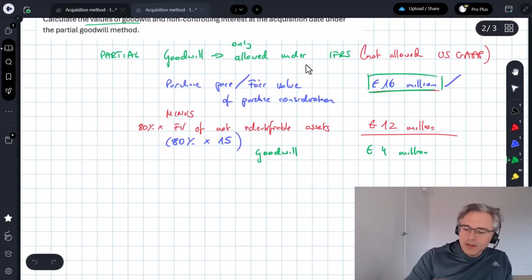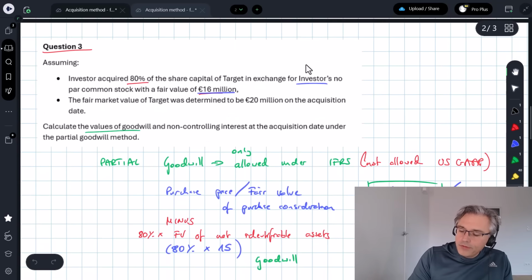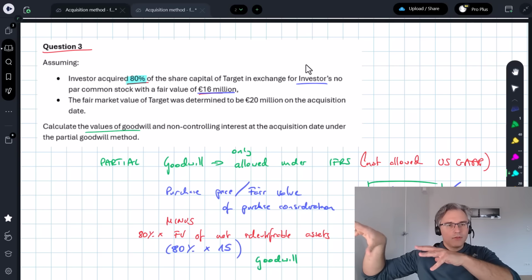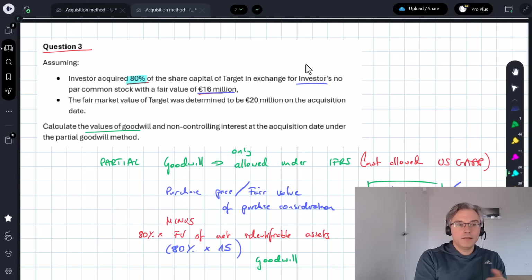And one mistake many people make is they assume that if you bought just 80% of another company's shares, you should now consolidate or include in your consolidated group financial statements that subsidiary's assets and liabilities, but weighted by the 80% in this case, which is completely wrong.